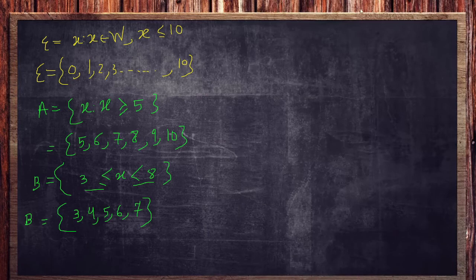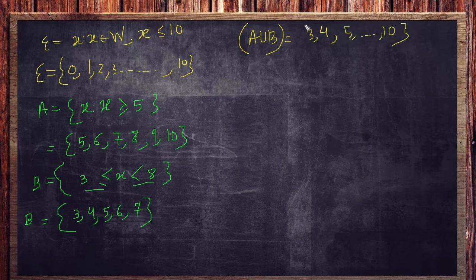A union B means all the common elements between A and B will remain only once, and also the other elements. That is, A having 5 to 10 while B having 3 to 7. That means 3 and 4 are the extra data over here. So we need to write it from 3 to 7. Sorry, from 3 to 10.